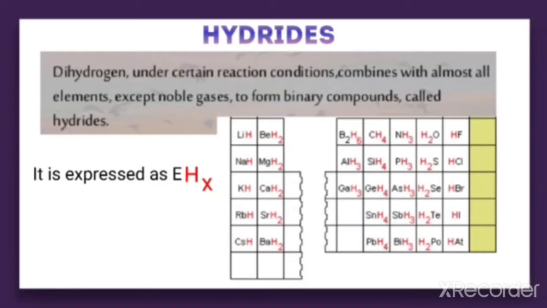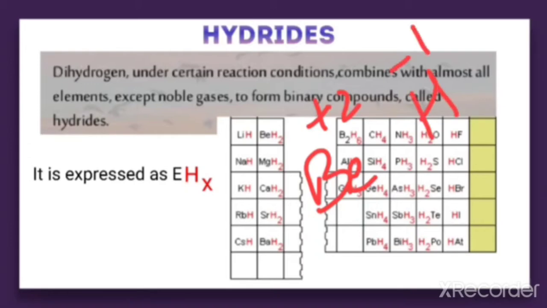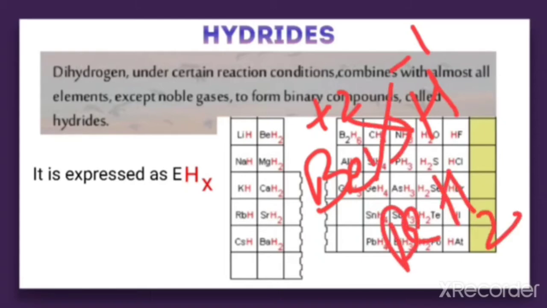When we take the second group elements, the oxidation state is +2, and for hydrogen it is -1. So what will be formed? It forms the compound BeH2. Just cross multiply, as you have already learnt: BeH2.